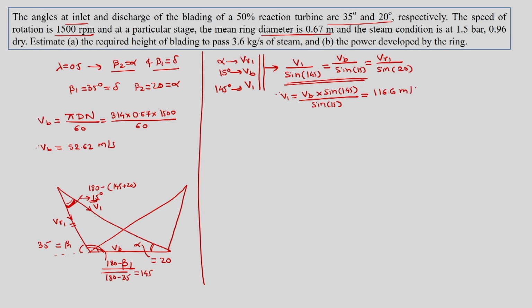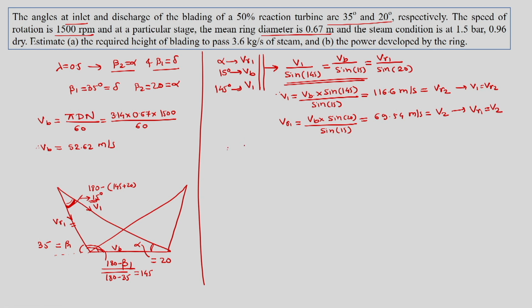So we can get V1 from here as 116.6 meters per second, but it is a 50% reaction, so this is equal to VR2. Since we know V1 is equal to VR2, we can find out VR1 from here as VB into sine of 20 divided by sine of 15, and this gives us VR1 as 69.54 meters per second, but this is equal to V2, since for 50% reaction VR1 is equal to V2.